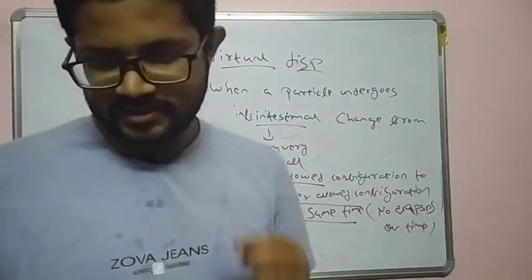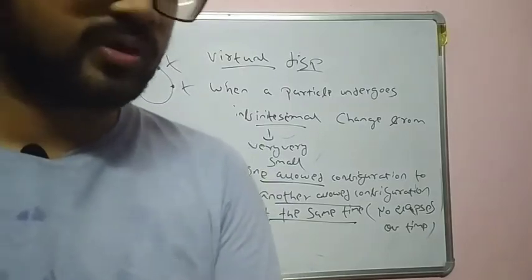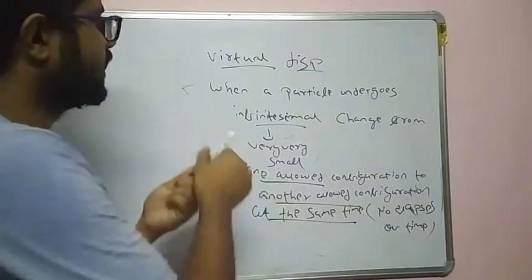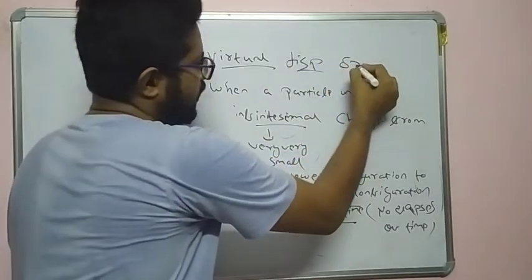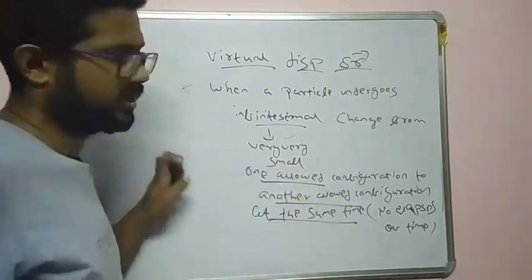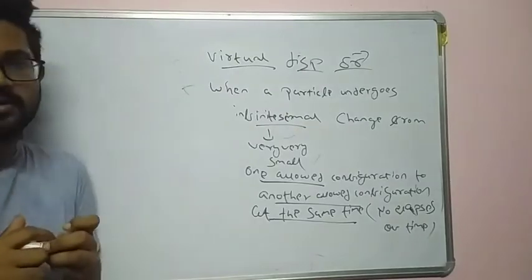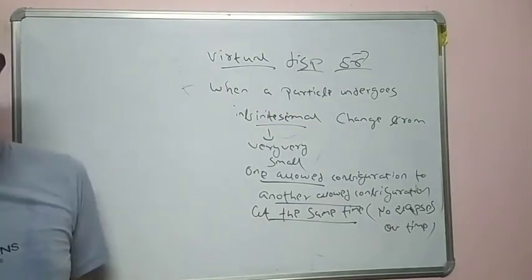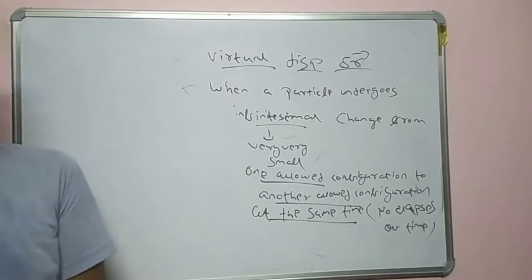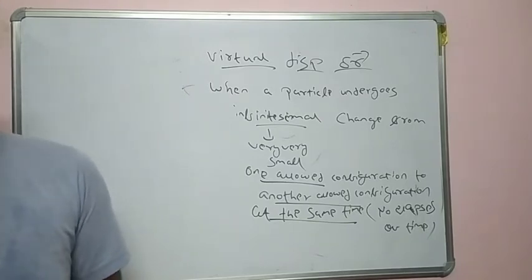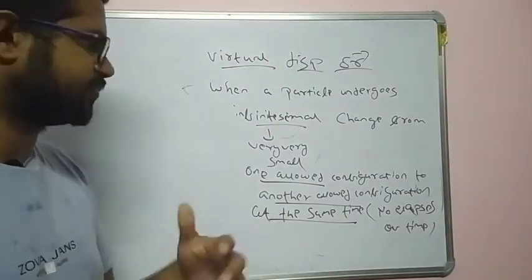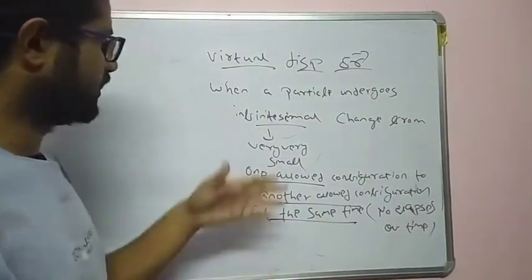In this case it is defined as the virtual displacement, and it is denoted by delta r vector. The position vector satisfies the holonomic constraint equation, and the major issue is that it is no longer independent; you cannot take the value as per your choice.